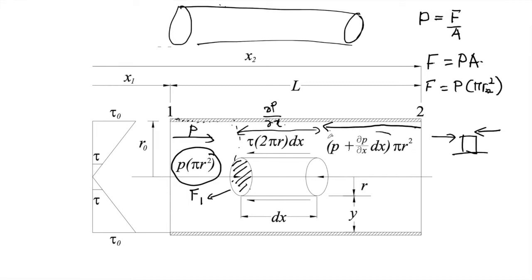This is the pressure times the area, so we get the force. I denote it as F2.